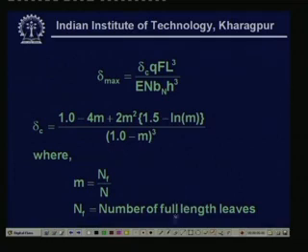So, the correction comes out to be this delta C given by this particular formula: 1 minus 4 m, 2 m square into 1.5 minus ln m, that is log to the base e of m, and 1 minus m cube, where m is a ratio given by the number of full length leaves by the total number of leaves you are using in the spring.